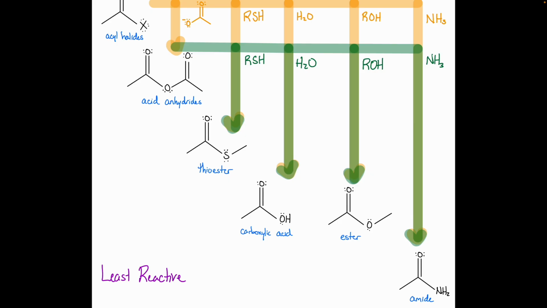All right, continuing this same game, we could convert a thioester into a carboxylic acid, a regular ester, or an amide by adding in water, or an alcohol, or ammonia.